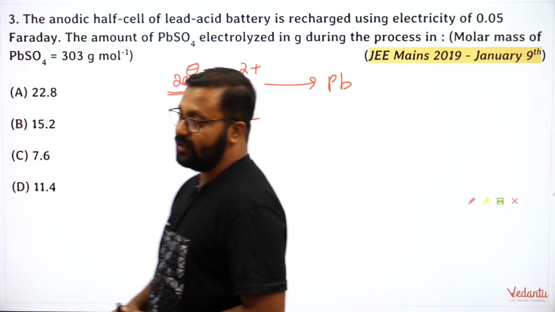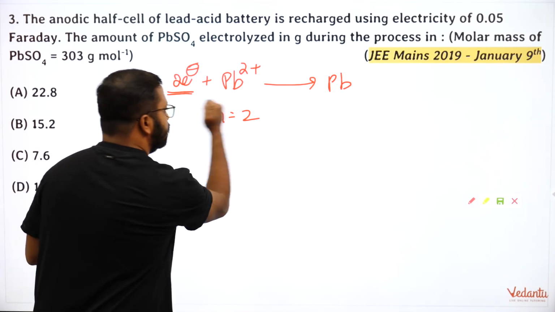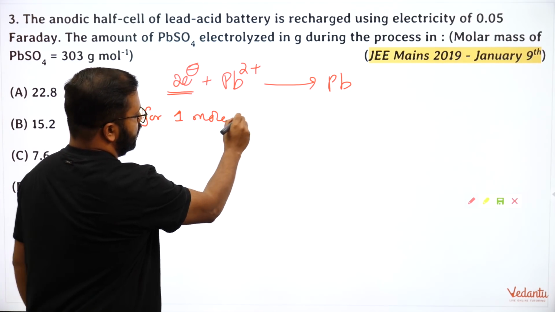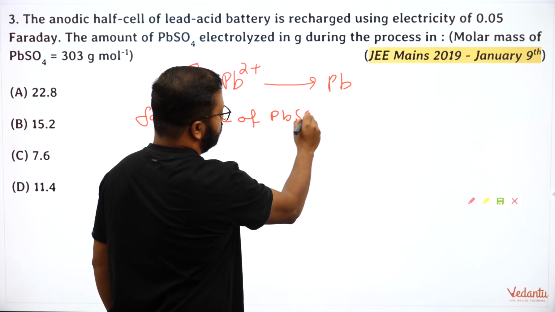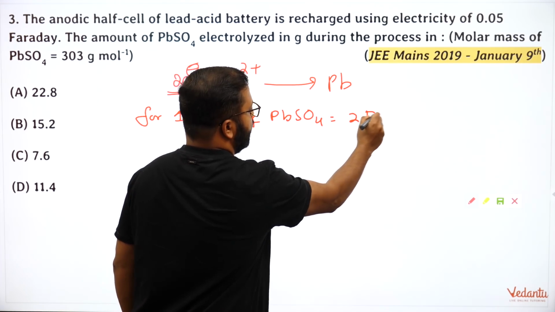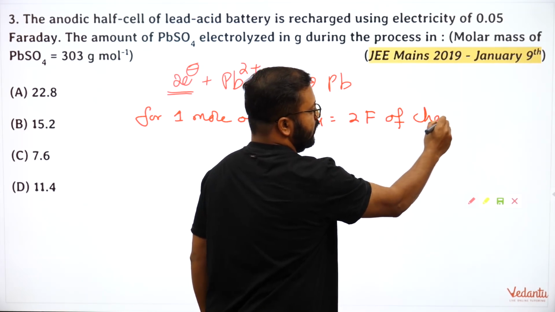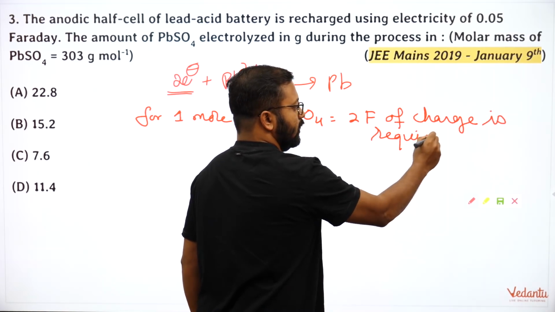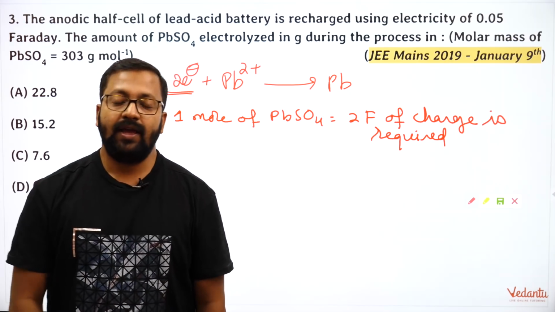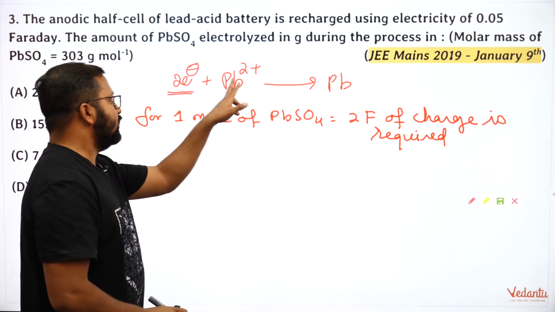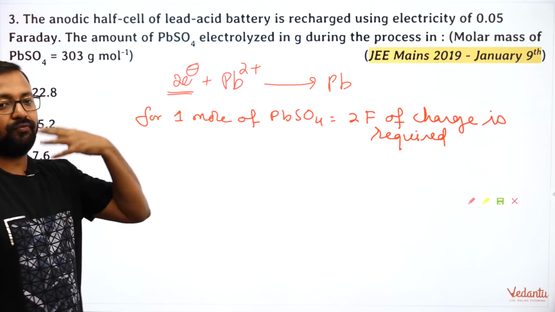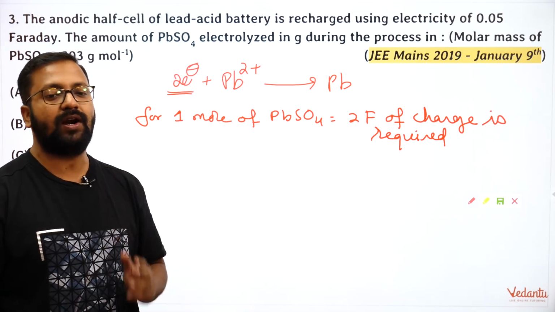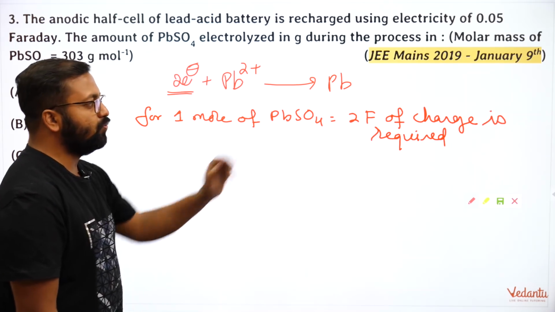Or what we can write is that for 1 mole of PbSO4, 2 Faraday of charge is required, because 2 units of electrons are required. So for 1 mole, 2 Faraday of charge is 2 moles of electrons, meaning 2 Faraday charge, since 1 mole of electrons has 1 Faraday charge. For 1 mole, 2 Faraday charge will be needed.